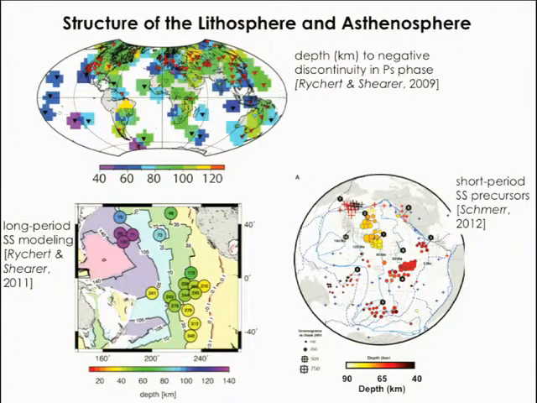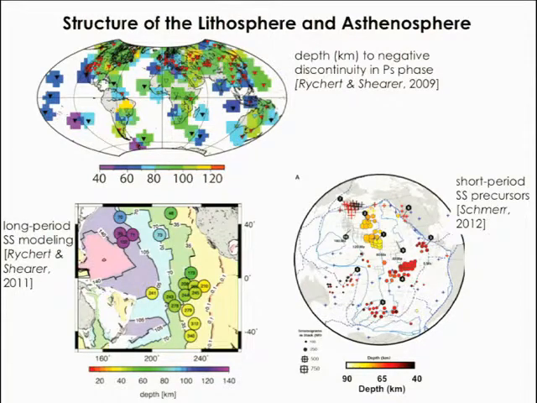Around the same time, Nick Schmerr was looking at SS precursors using acceleration seismograms instead of velocity and displacement, which provides access to higher frequencies and a cleaner separation of the precursor from the main SS pulse. His results are summarized on the bottom right there. The gray squares are stacks in the Pacific where he did not identify a detection of the SS discontinuity in the SS precursors, and the colored circles show the depths where he did.